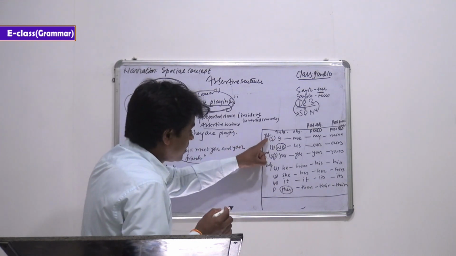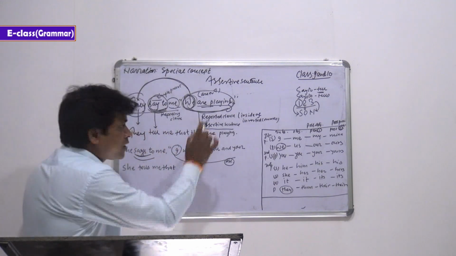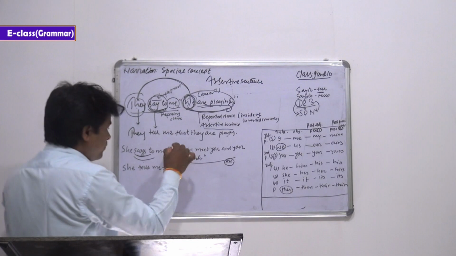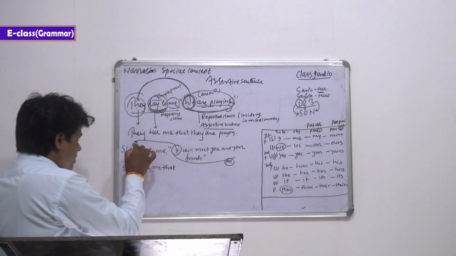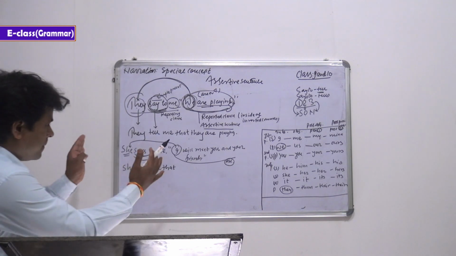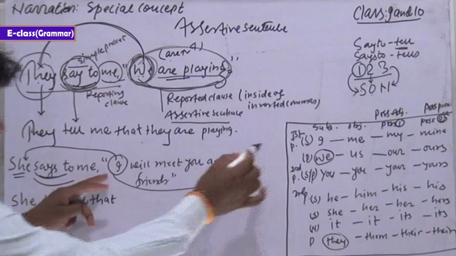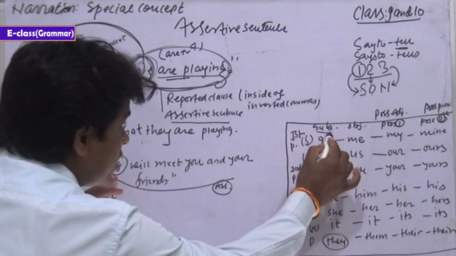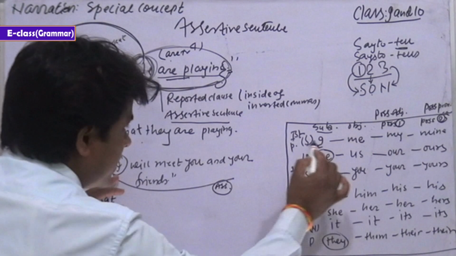Now, first person, see here. I, which person? First person, subjective case. How is the first person changed? According to the subject of the reporting clause. Yes. Now, let's see them. I, which person? First person, which case? Subjective. Yes, SUB means subjective case.